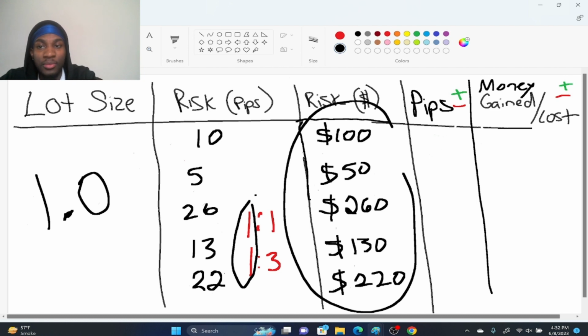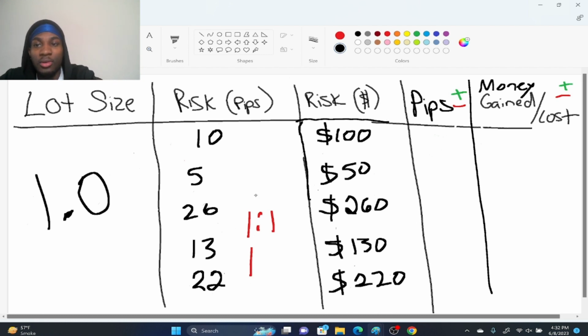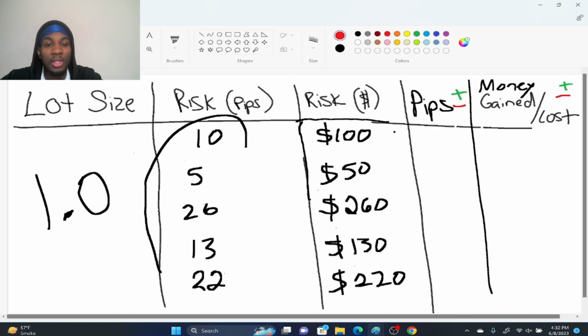So remember that this is how much you're willing to lose, in pips and in money. These are equivalent to each other. So let's pretend on Monday we ended up winning that trade and we got a 1-to-2. So we got 20 pips.